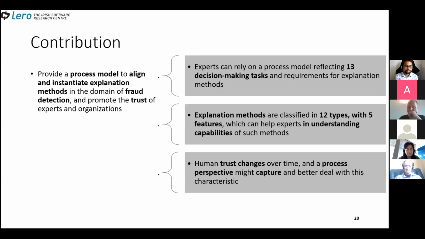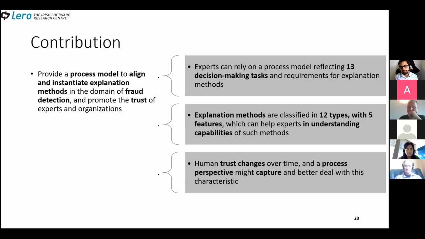The process model will enable experts to rely on and reflect on a model which has their decision-making tasks for fraud detection and also information on the explanation methods that they could use for those tasks. Currently, experts can reflect on 13 decision-making tasks as requirements for explanation methods, which are classified in 12 types with 5 features for their understanding.